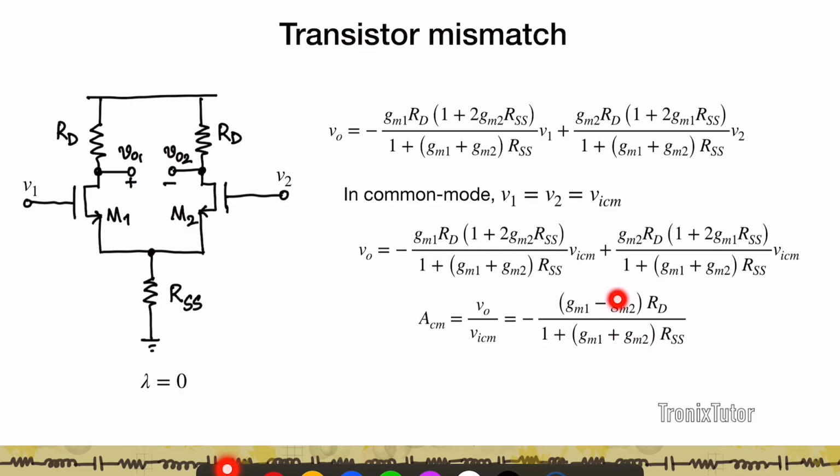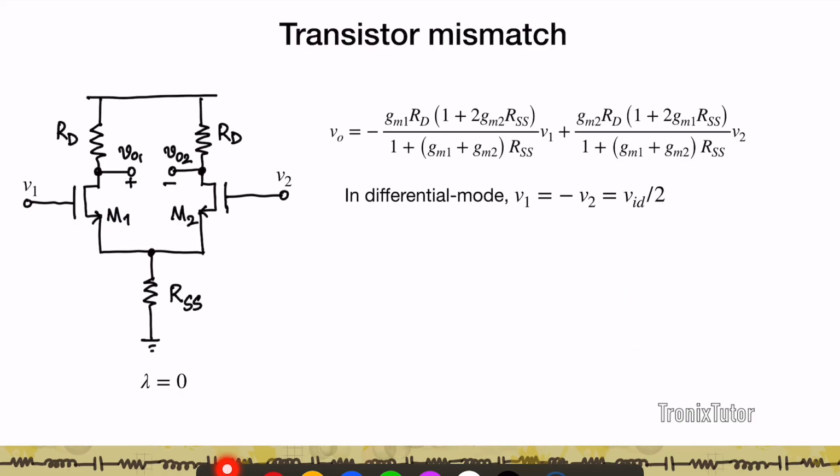So again, if you're curious, the common mode gain arises because there is a delta between the two transistors, right? In the ideal case, when GMs of both the transistors are equal, you're not going to get a common mode gain. So this whole common mode gain is coming about because of the mismatch in the two parts of the differential amplifier. And the larger the mismatch, the higher the common mode gain.